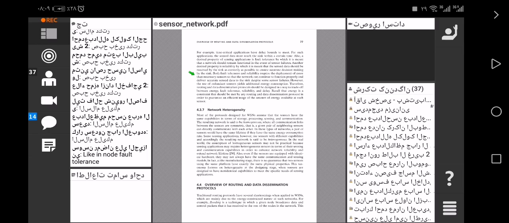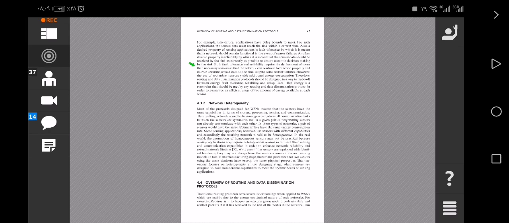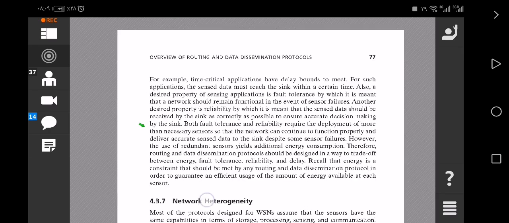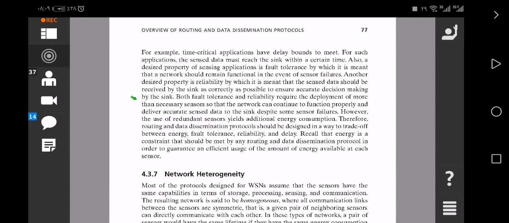It means our network is equipped with advanced nodes that have bigger storage, an advanced CPU, and a greater capability to transmit and receive than the other nodes.